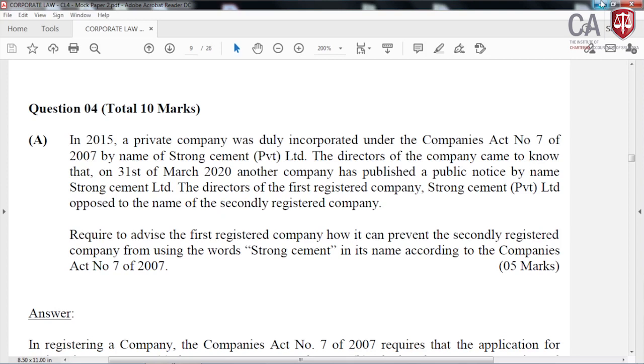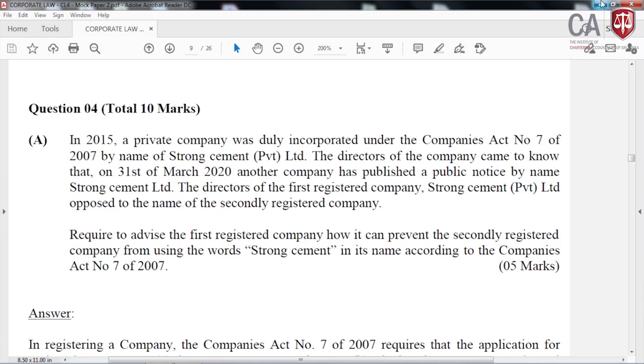In question number 4, the total is 10 marks, but you will see that it has 2 parts. Now, this new system of examination paper at Chartered Accountants is different from the previous old system, because in the previous papers I have seen that the laying out is different from what you are getting this time.